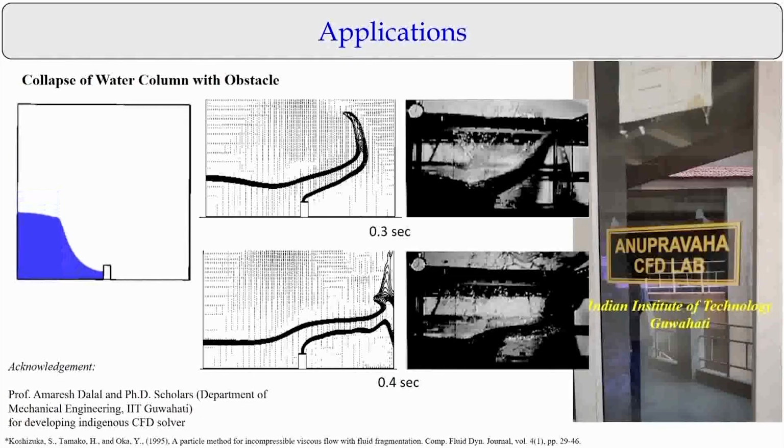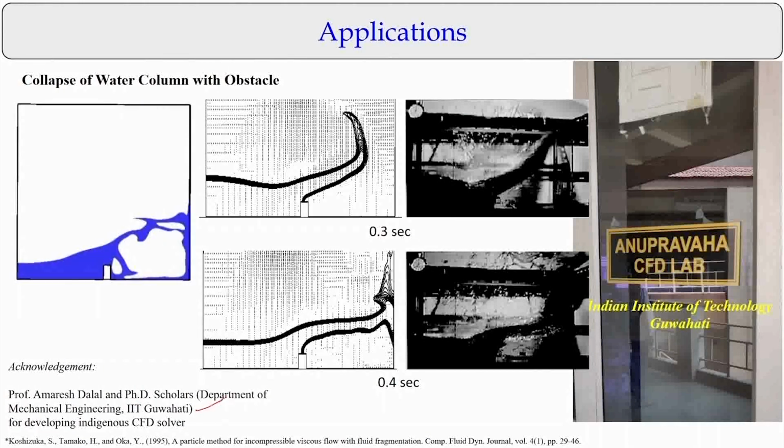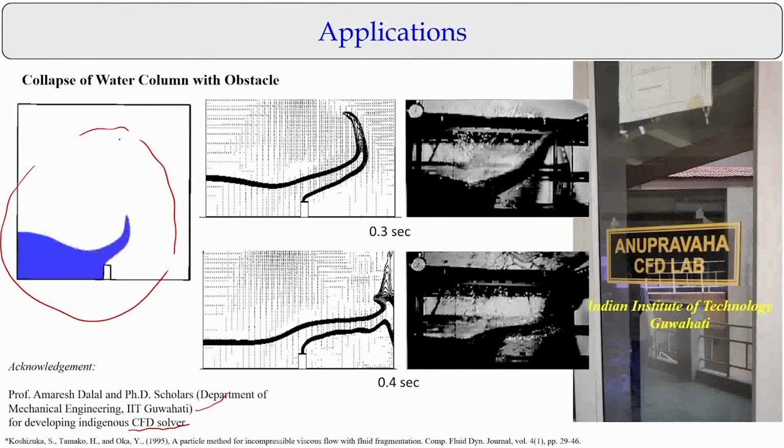Now let us go to another very interesting example, acknowledging Professor Dalal and his student group in the Department of Mechanical Engineering, IIT Guwahati, who have developed indigenous CFD solvers. If you look at this free surface, you can see how interesting the things happening here are. You just see this collapse of a water column with obstacles.